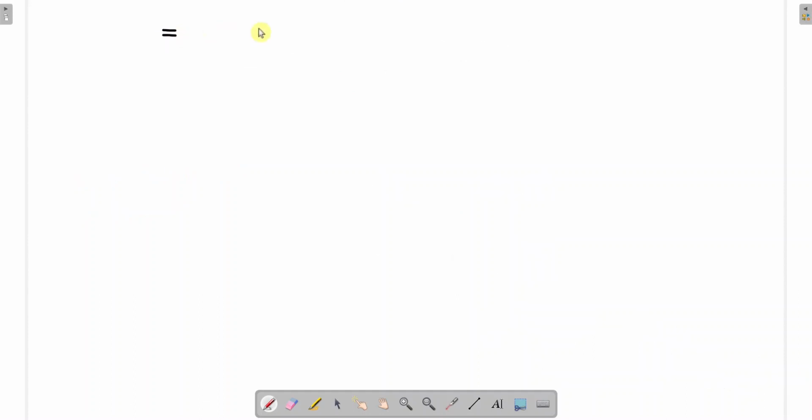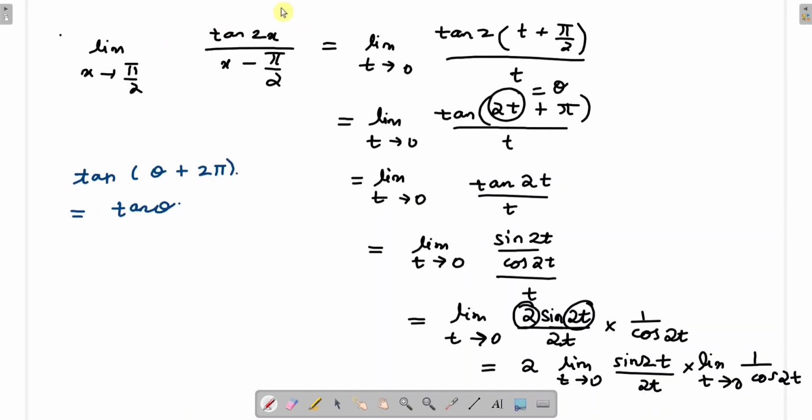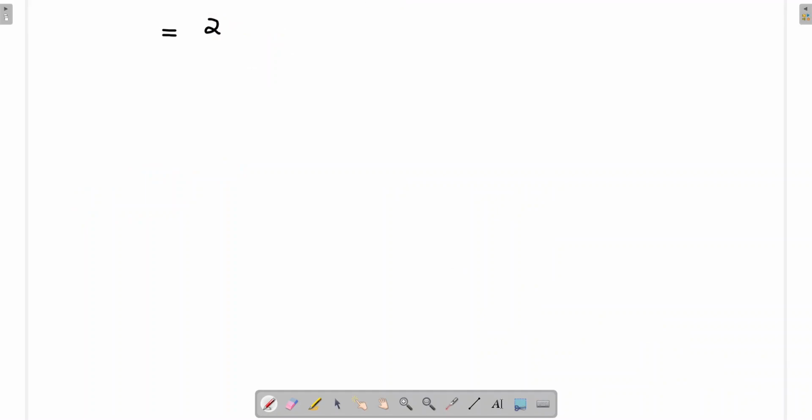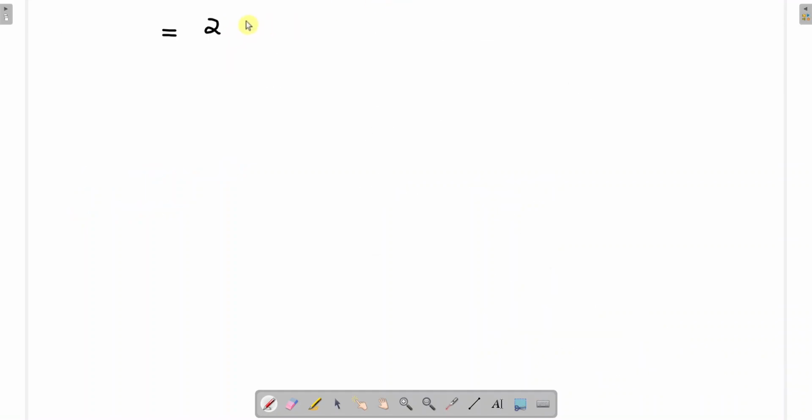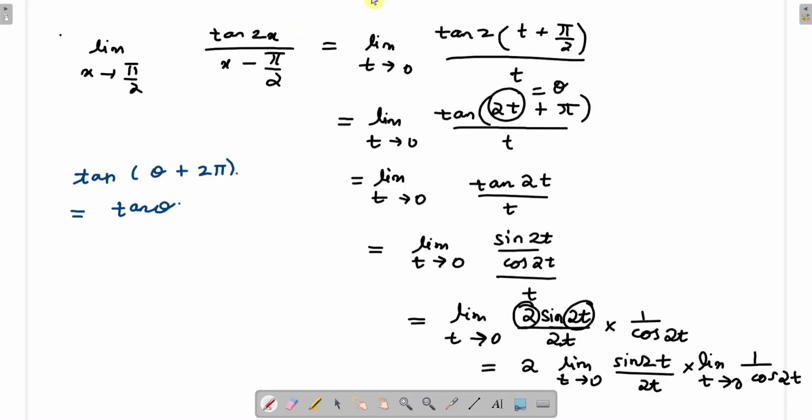This is equal to 2 times limit t goes to 0, sin 2t divided by 2t, that will be 1, right? Now you have to understand, now I will not keep on writing 2t equal to u and so on.